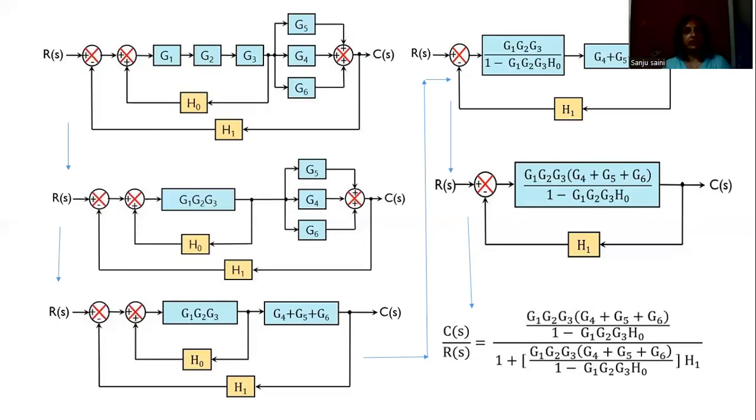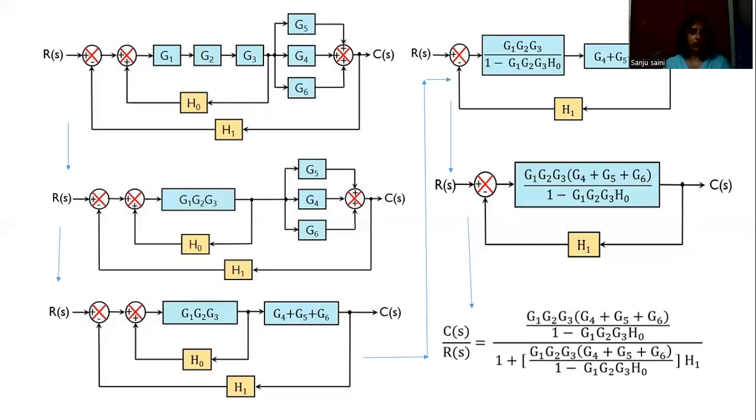Like in case we are having a transfer function represented by S divided by S plus 2, within the denominator the equation is of first order. So that will be a first order system. In case we are having a transfer function S divided by S cube plus 3S square plus 4S plus 1, within the denominator the order of the equation is equal to 3.